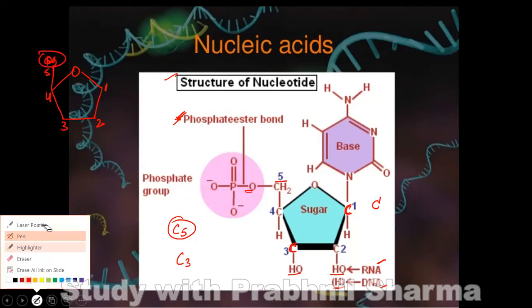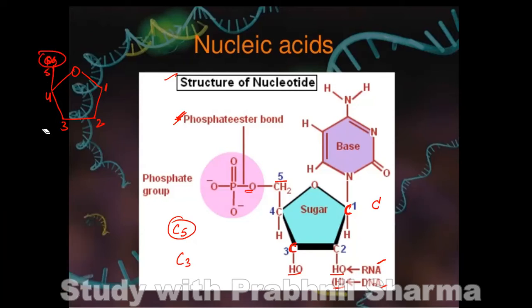And if you draw this phosphate group, it is something like this. This is P, oxygen, oxygen, oxygen, oxygen. This oxygen is attached to this one. So this is your phosphate group.